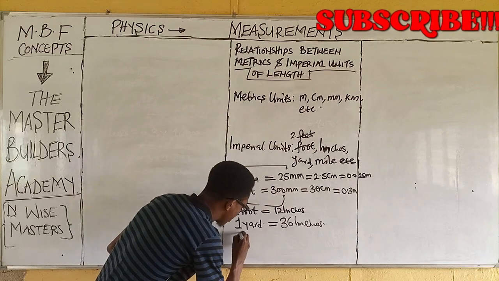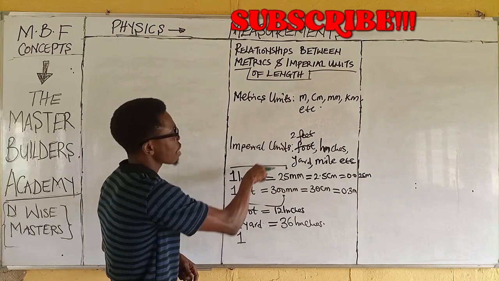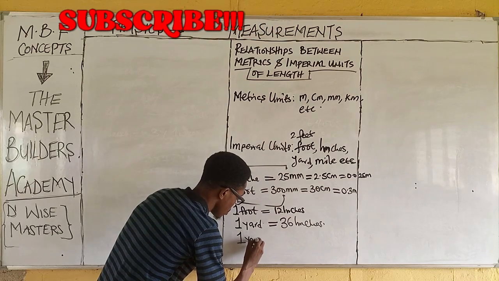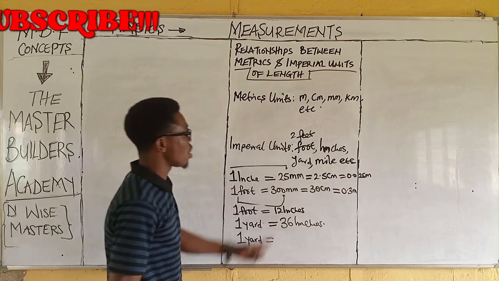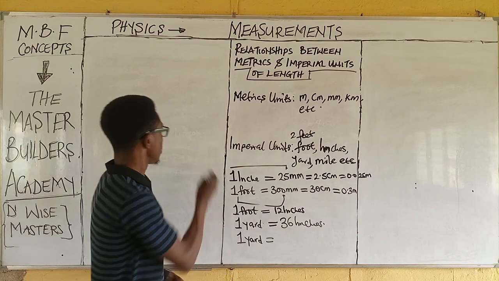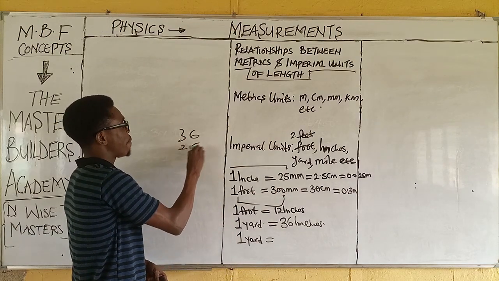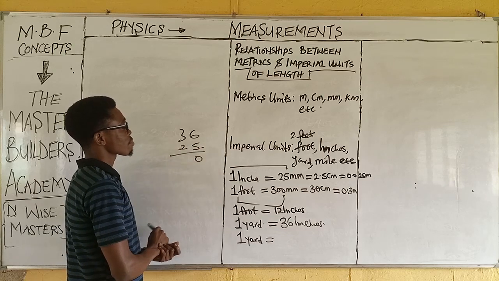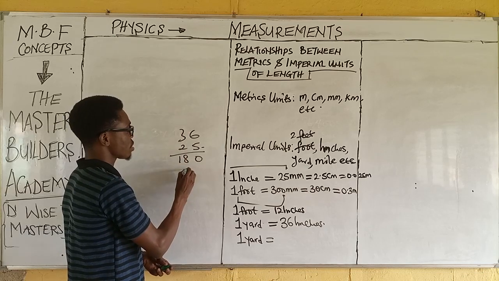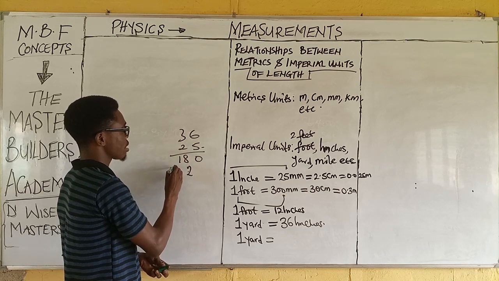Now, what is 1 yard in terms of metric units? 1 yard would become 36 times 25. It's as simple as that. 36 multiplied by 25. 30, carry 3, 15, 180, 12, carry 1, 7.